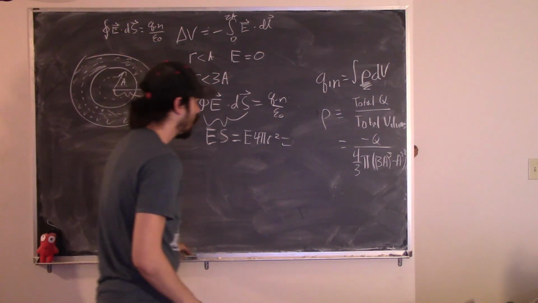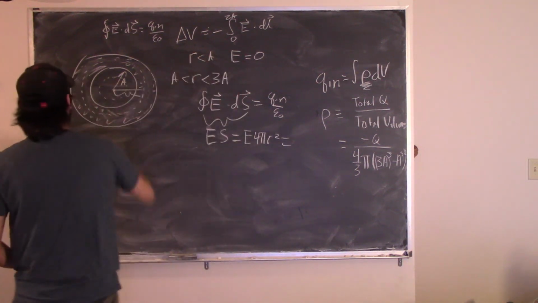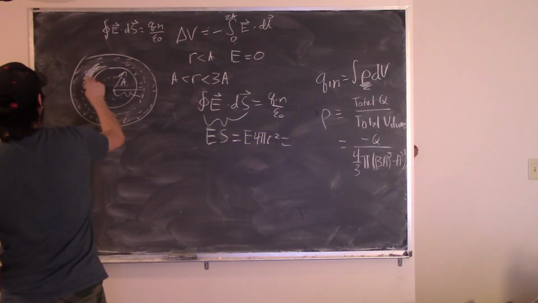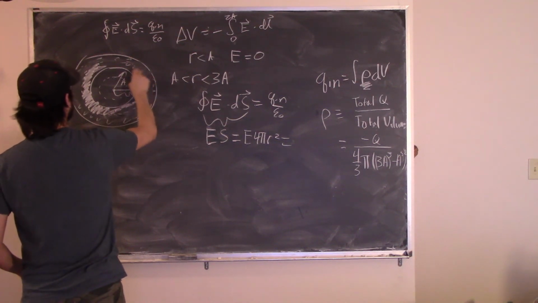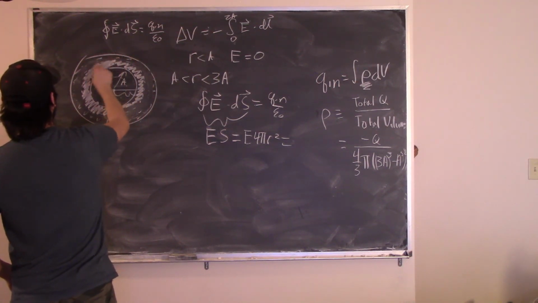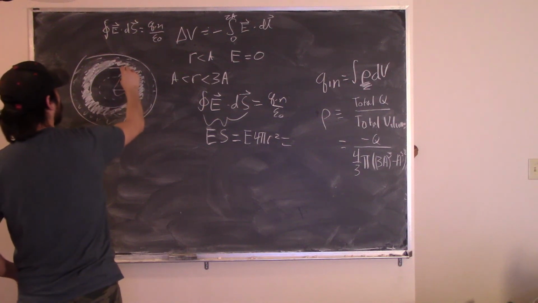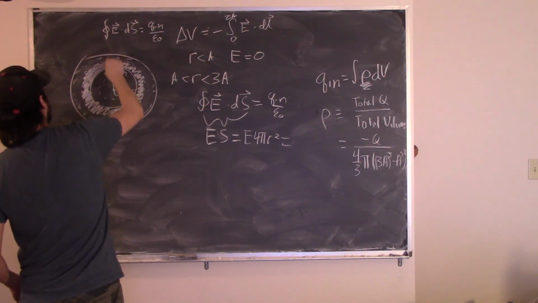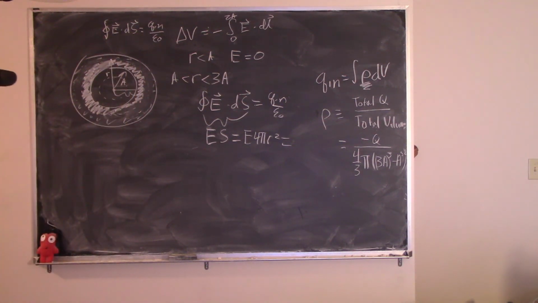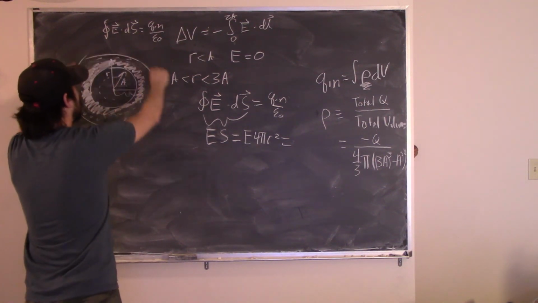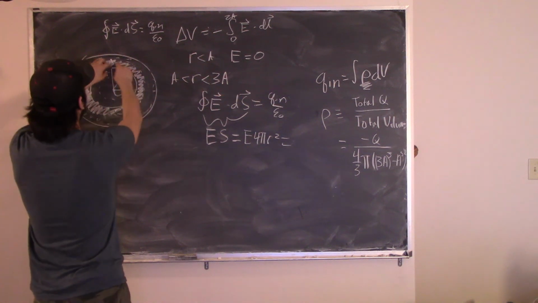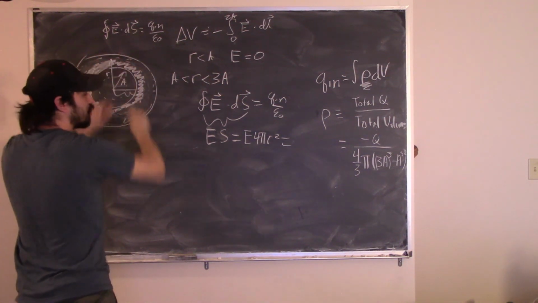When we're finding Q enclosed, it's the Q that's inside that surface. It starts at A and goes up to the variable radius r. It doesn't go all the way up to 3A, because 3A is outside of the Gaussian surface. We only want the charge up to the edge of the Gaussian surface.